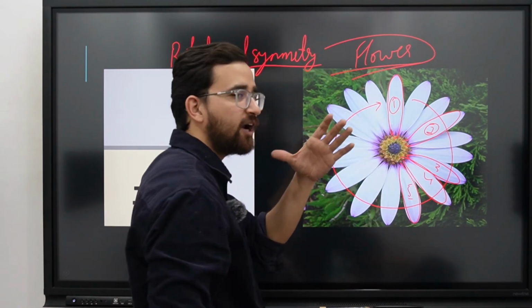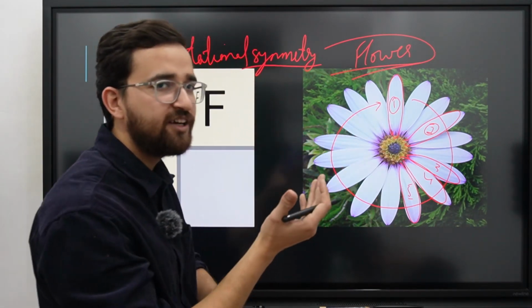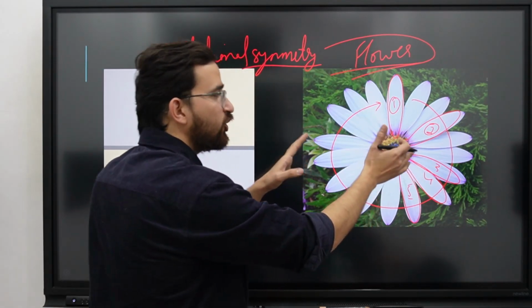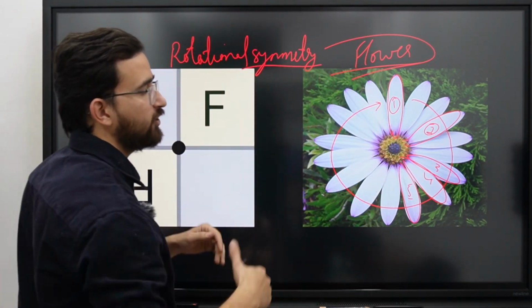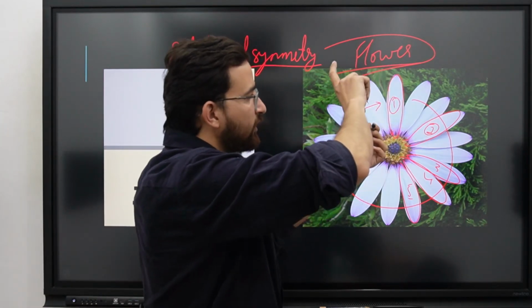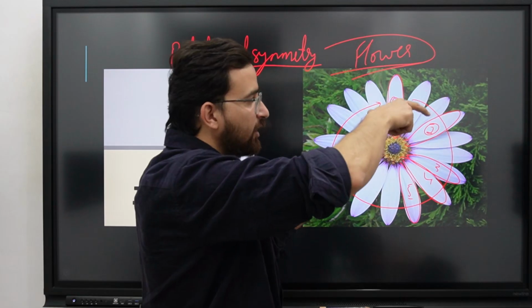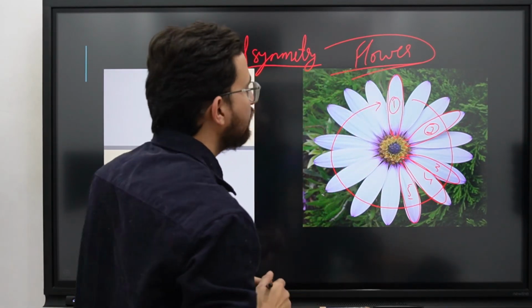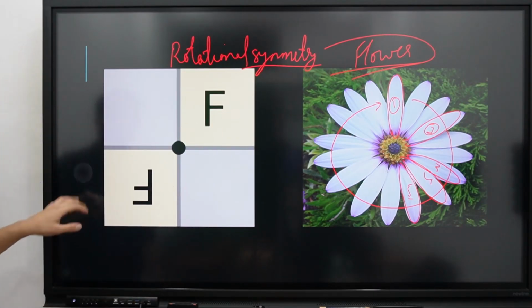Whenever you look at a flower, you are able to intuitively decipher, yes, there is some kind of symmetry in this. And what kind of symmetry are we talking about? We are talking about a rotational symmetry. Intuitively, we also know that there is some kind of rotation going on. This flower petal is rotating and pasting itself along the axis which rotates.